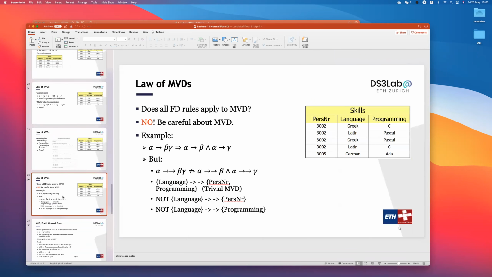All right, the last two sentences, the multi-valued dependency, the double arrow to personal number.